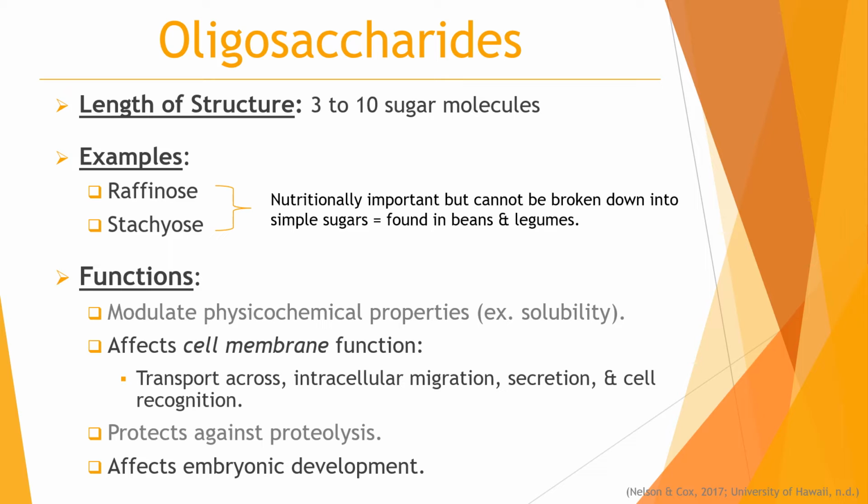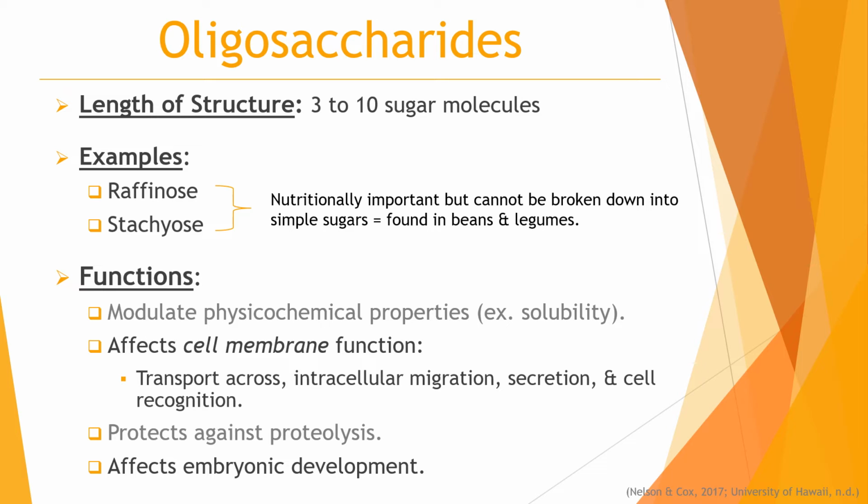Next, we have oligosaccharides. The structure length of these saccharides spans from 3 to 10 sugar molecules. Some common examples of these types of saccharides would be raffinose and stachyose, both of which can be found in beans and legumes and are nutritionally important for the body, but it's very difficult for digestive enzymes to break them down into simple sugars.